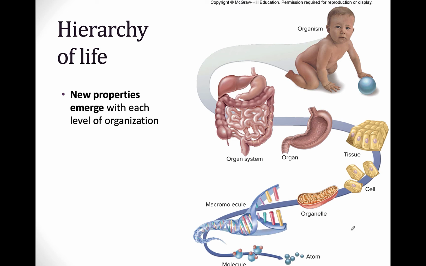One thing that we're going to see as we traverse through this semester is a hierarchy of human organization. So we're going to start at the smallest level, looking at atoms and molecules in the next chapter. Multiple atoms of different elements can be put together to make a molecule.